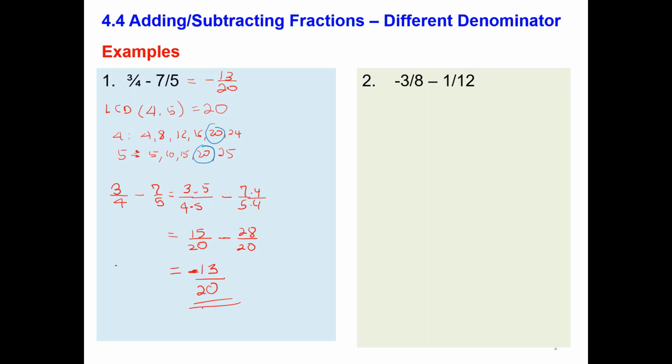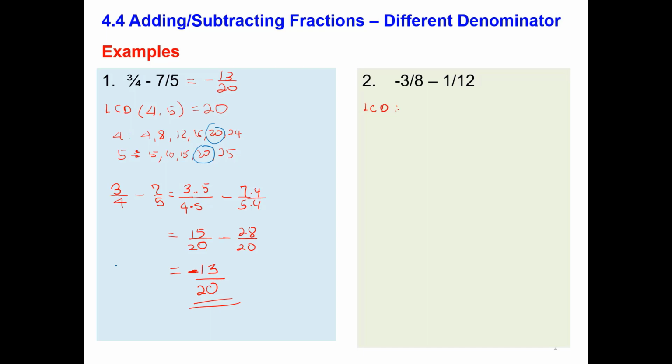Now let's do the same thing for problem number 2. Then we need to add these fractions, but they have different denominators. Then we need to find the LCD in order to get equivalent fractions, fractions with the same denominator.